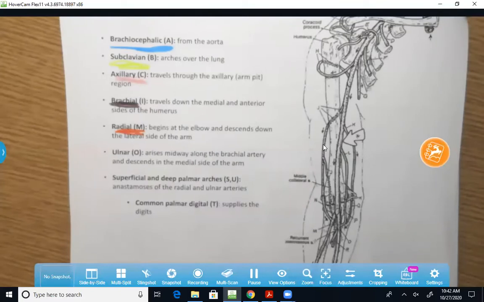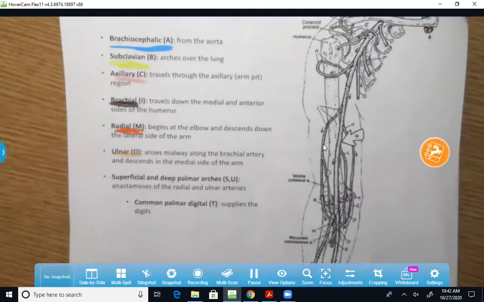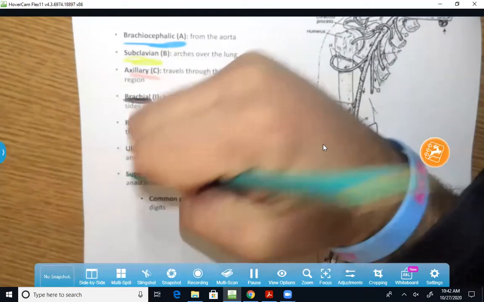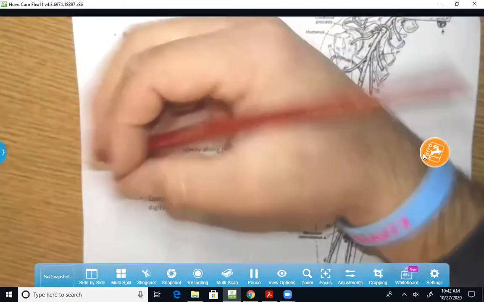Peach for the ulnar. Similar colors. This is too dark red.